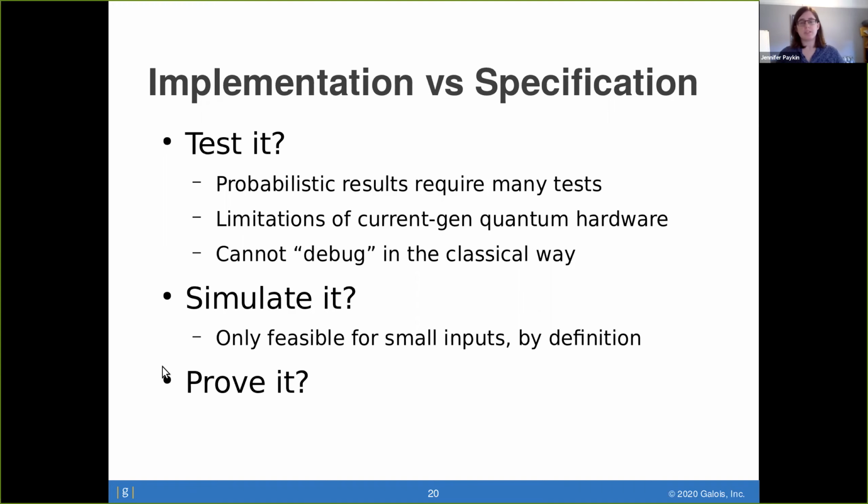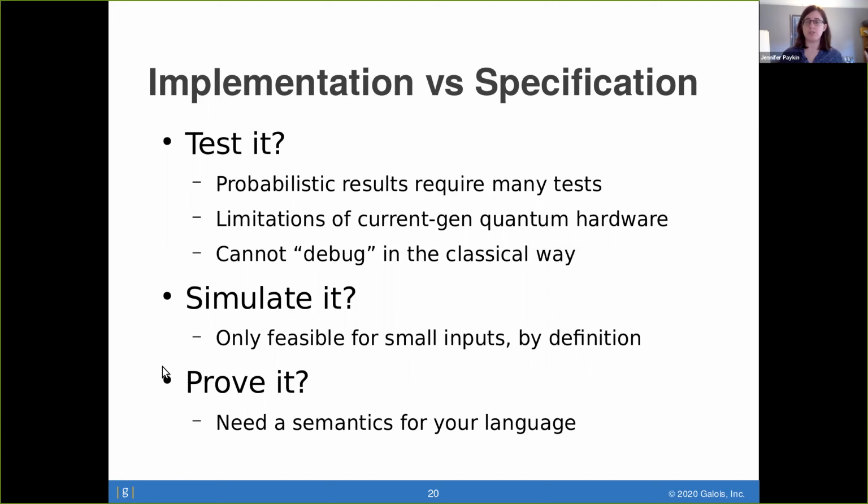So I think I would say, finally, the last option is to reason about the behavior of the implementation formally. And this only works if we have a formal semantics of our language and we have a way to reason about it.